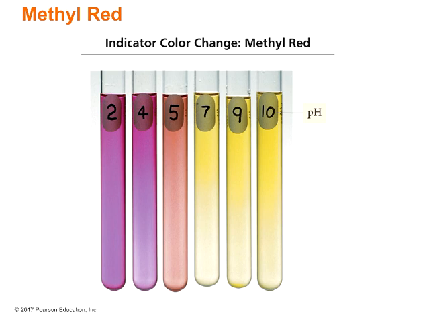So in the first test tube, we have a pH of 2, and then we're going all the way up to a pH of 10 in the last test tube. And you can see the color change for methyl red over these pH values. So in acidic solutions, methyl red is more of a pinkish color. And then in basic solutions or neutral solutions, methyl red is more of a yellow color.